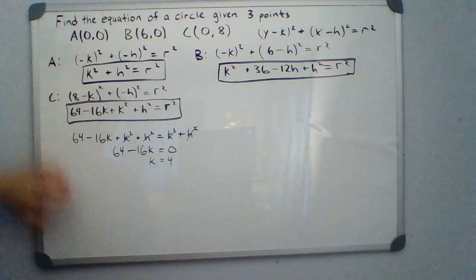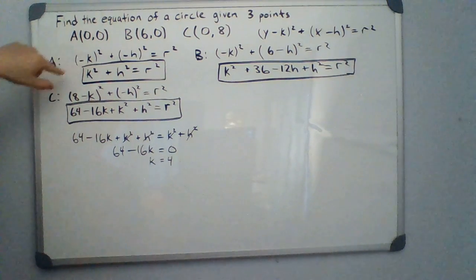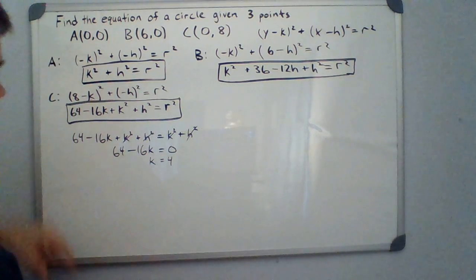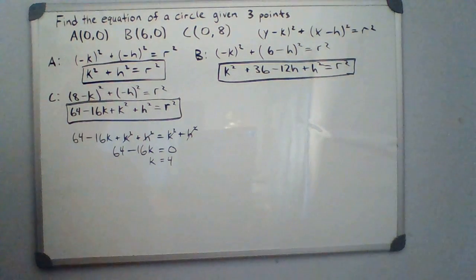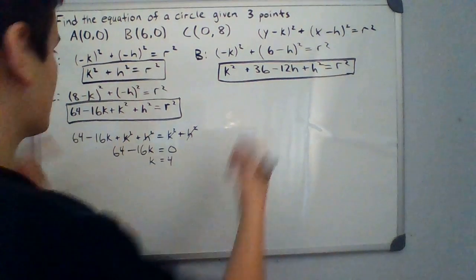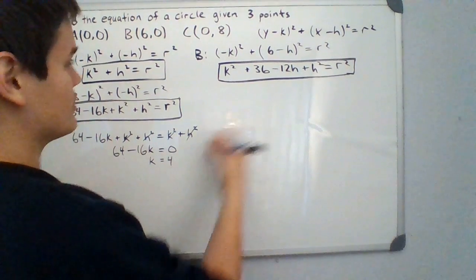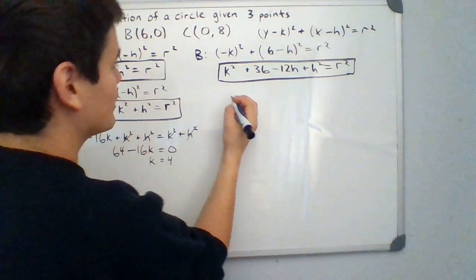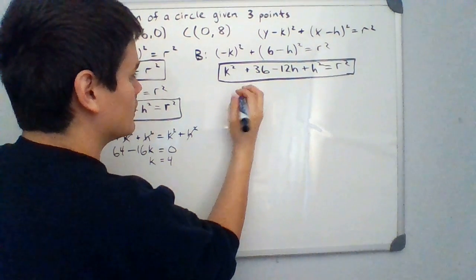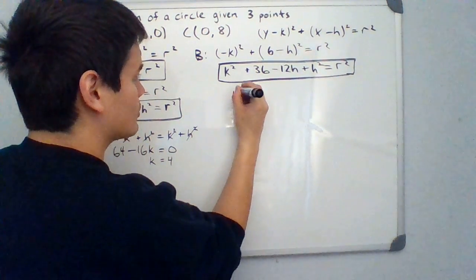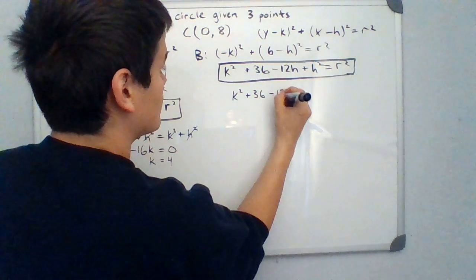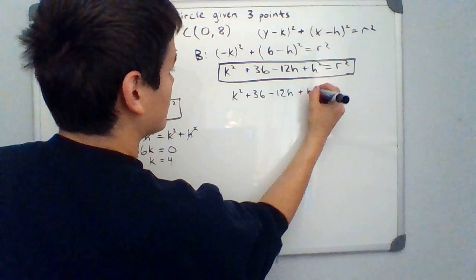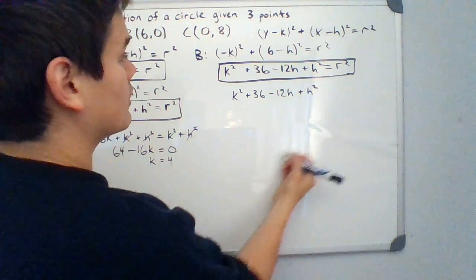This was actually pretty simple because I had the origin point already included in this circle, so it gives me this easy form to work with, k squared plus h squared. It's easy to cancel it out on each one of these. So I could do the exact same thing with B to find what h is. So I'll just do that real quick. k squared plus 36 minus 12h plus h squared.